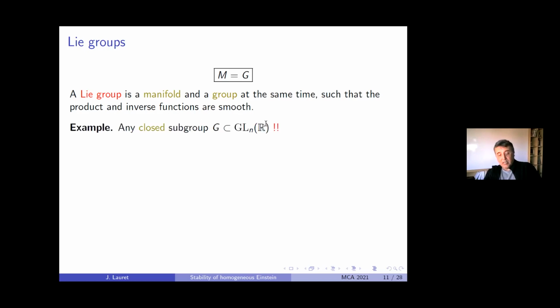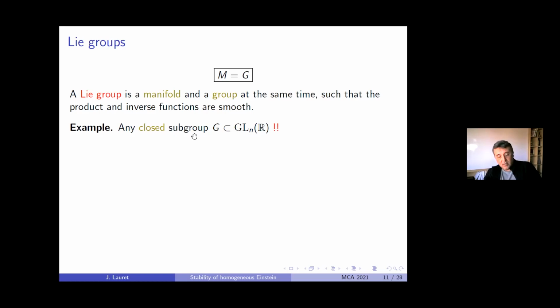Actually it is one of the deepest connections in mathematics, maybe: smoothness with groups. As an example, you may always think of a closed subgroup of matrices. As you see, this is kind of a miracle too, right? You have only a closed subset, but since it's also a subgroup, it's automatically smooth.